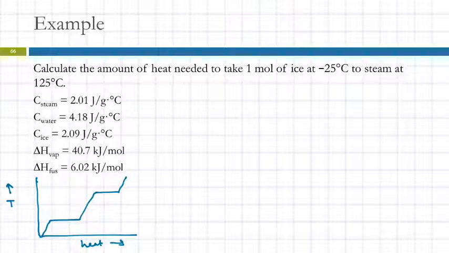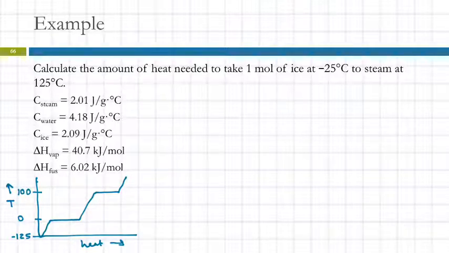So we're going to start at minus 25. And then we should know the melting point of water is 0 degrees Celsius. And we can label this temperature up here, because this is where water boils. What temperature is that? 100. So you should know those for water.